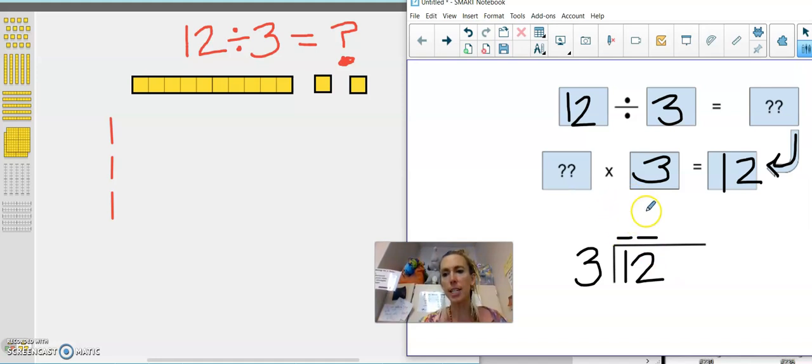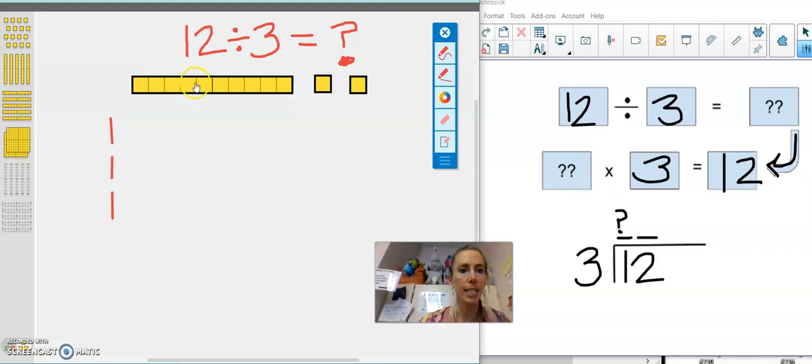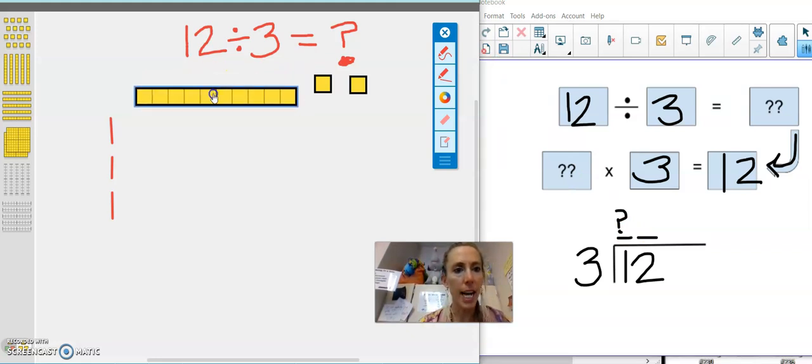Now, this is the number that we're trying to think. What number times 3 will get us 12? Okay? So first, I'm going to start in this place right here. That's the tens place. So let's go over to this picture over here and say, yeah, in the number 12, we have a 10.